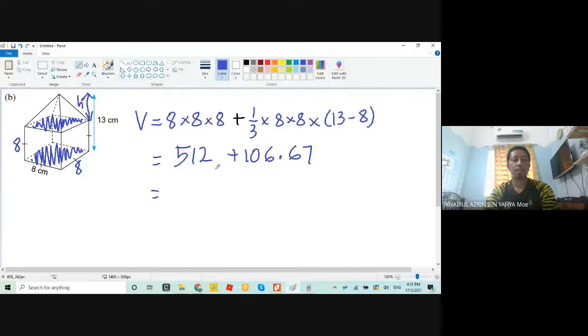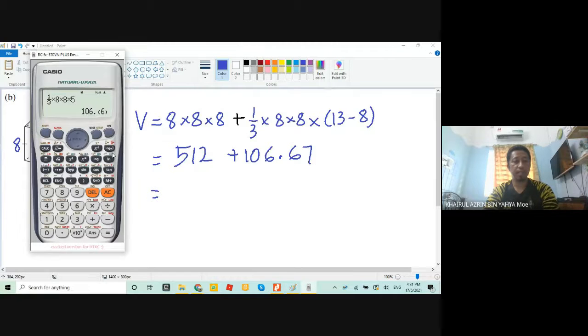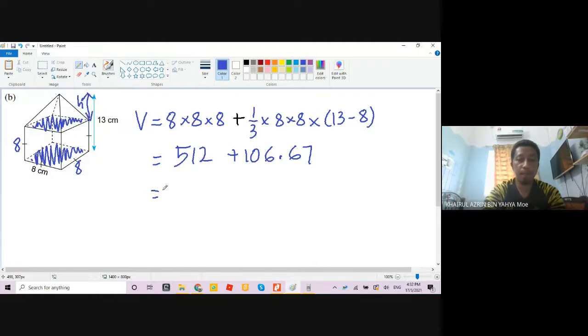So now we add these numbers together. 512 plus 106.67. The answer is 618.67.